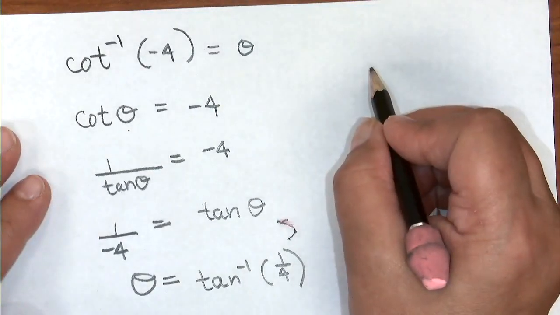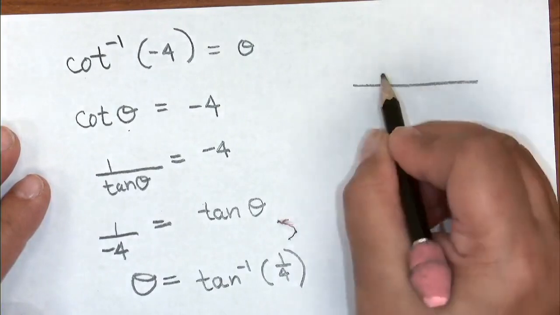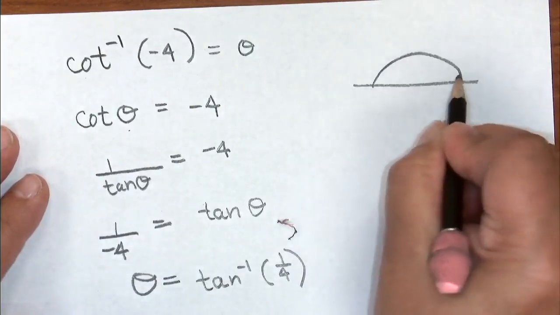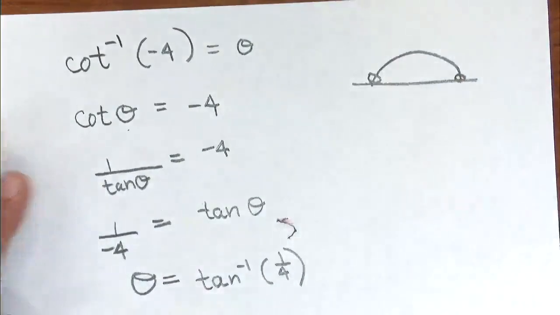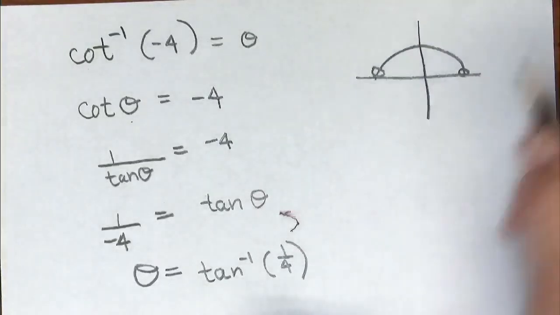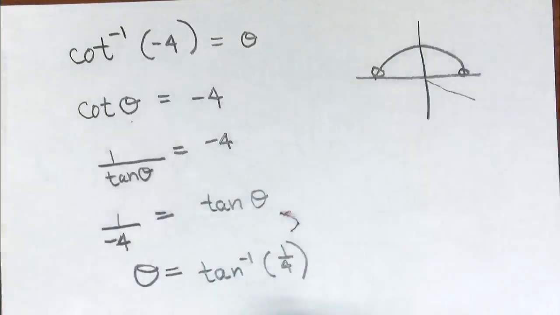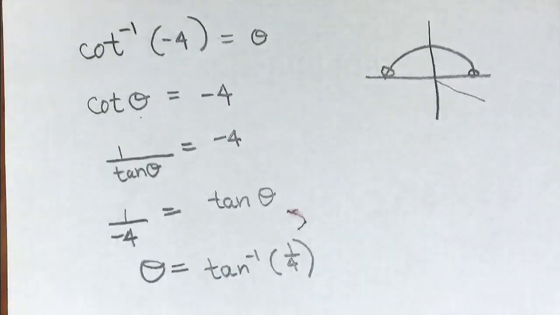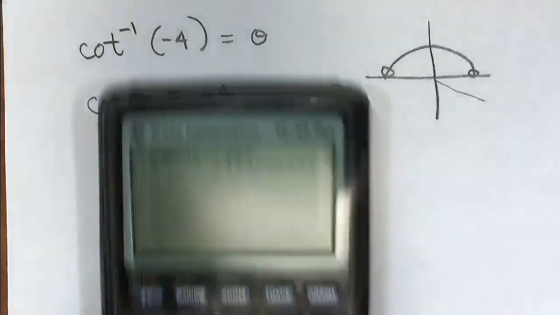For inverse cotangent, you were supposed to be where? In between there and there, but yet you got an answer like -0.244 or something like that. I don't know if you see the problem, but you're down here somewhere. Because that answer you're getting in your calculator, isn't it an angle? So they're telling you that the answer according to your calculator is this right here.